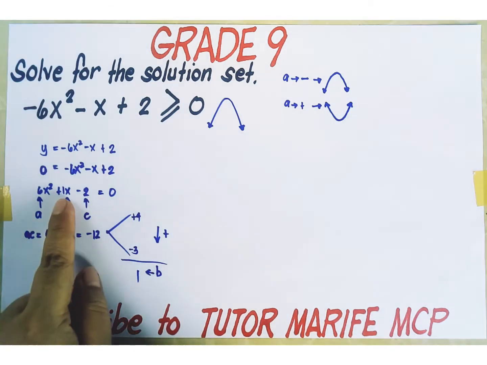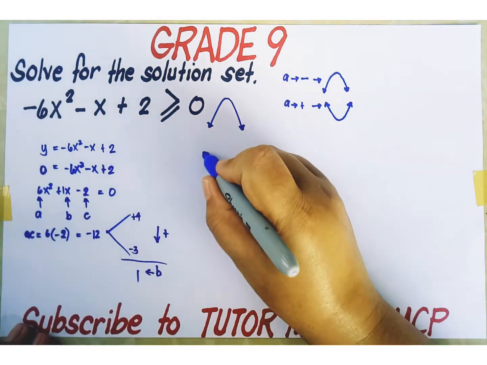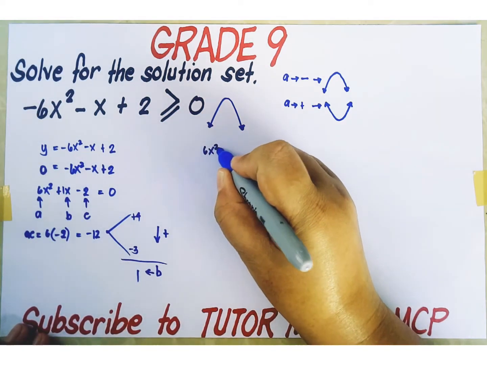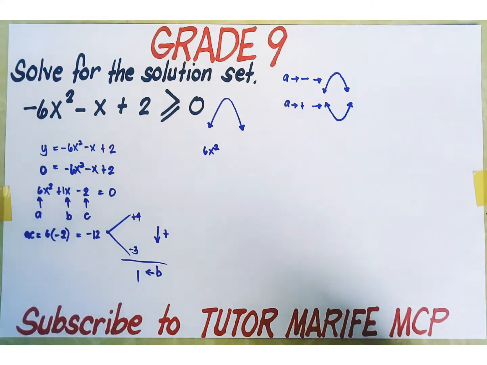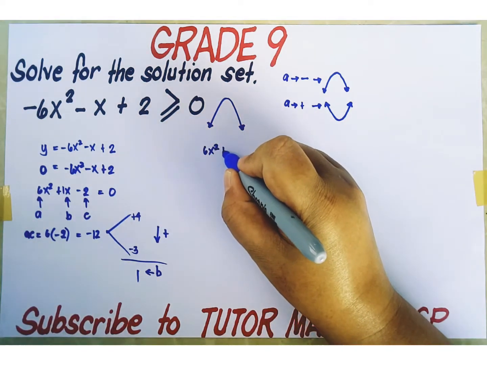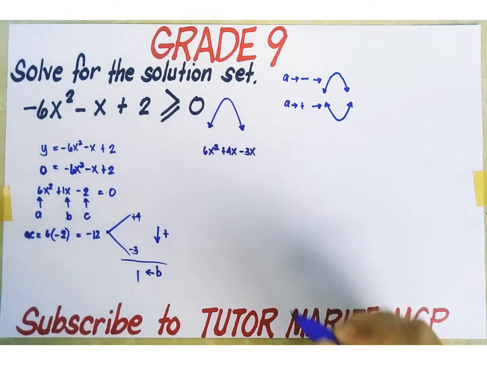Then we will split up the middle term of our quadratic trinomial. So we will have a 4-term polynomial on the left side. 6x squared. We will change positive x into 2 terms. Positive 4x and negative 3x.